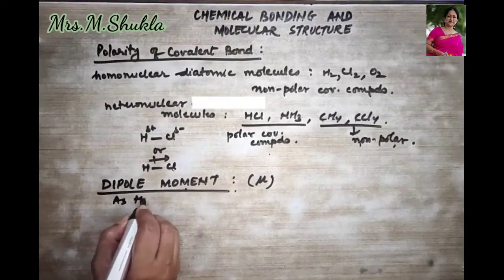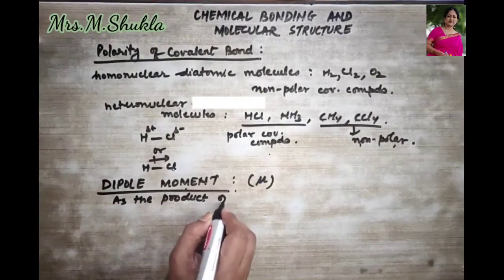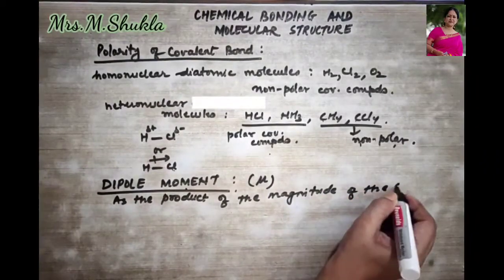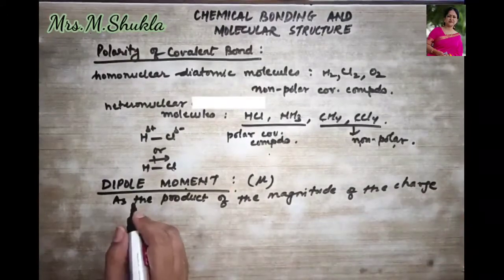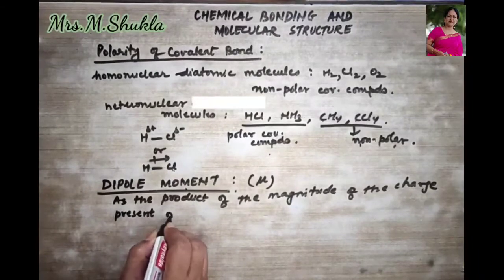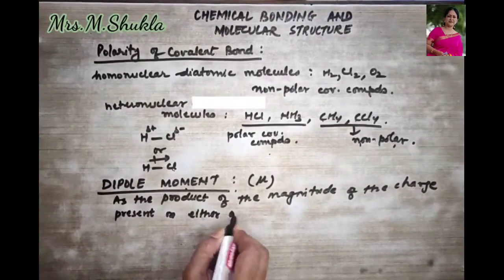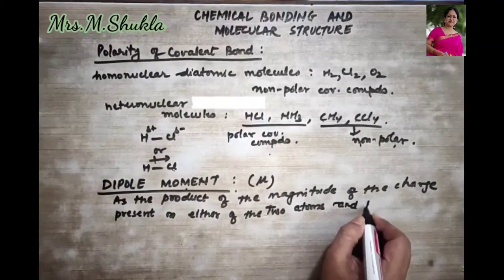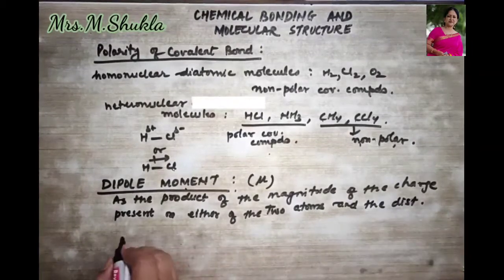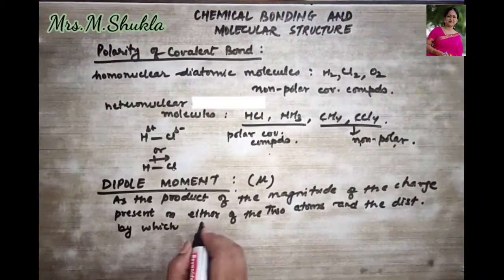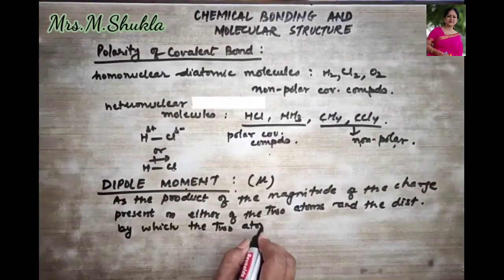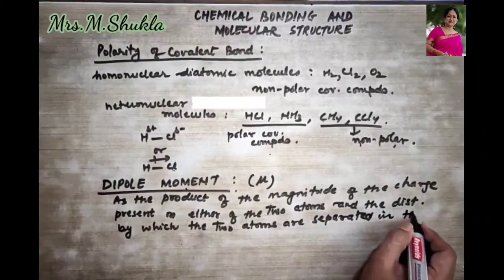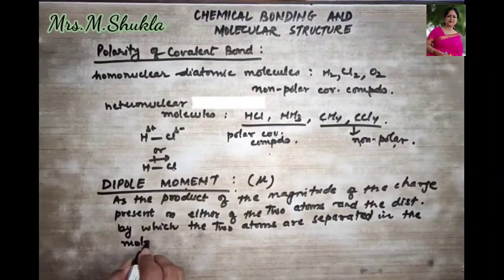It is defined as the product of the magnitude of the charge present on either of the two atoms and the distance by which the two atoms are separated in the molecule, right?